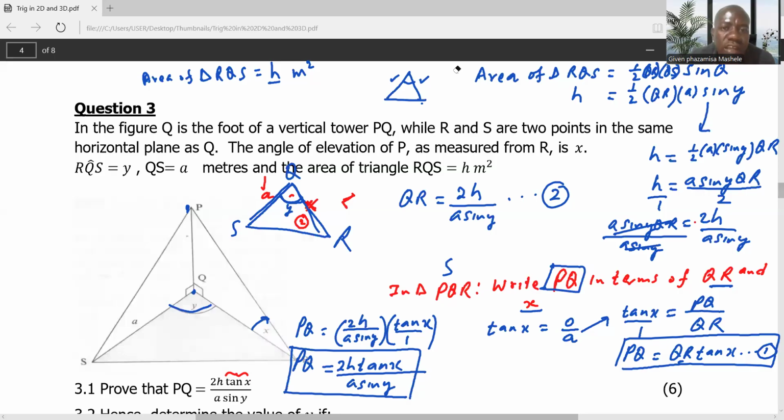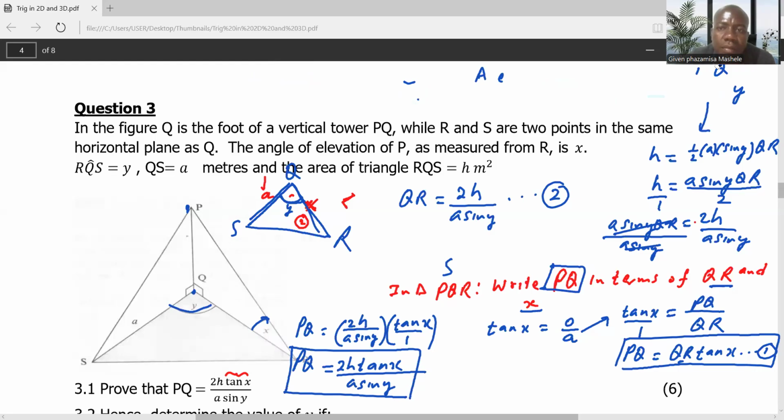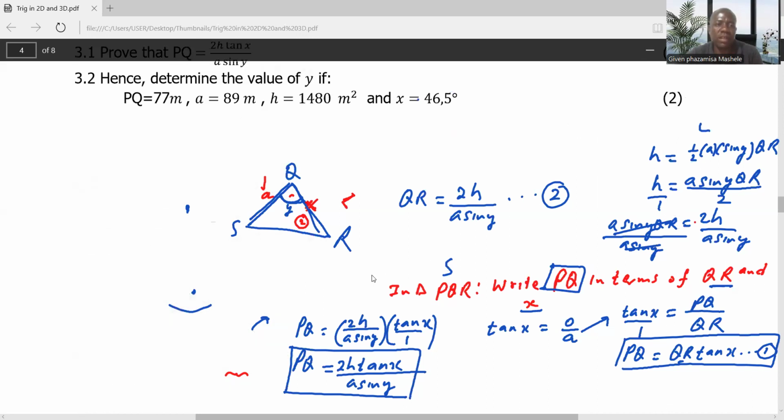What is the next question? Okay, let's look at the next question. The next question says, hence determine the value of y. Straightforward. Hence determine the value of y if PQ is 77, small letter a is 89 meters, just the distance, and H, which is the area, so we have everything.